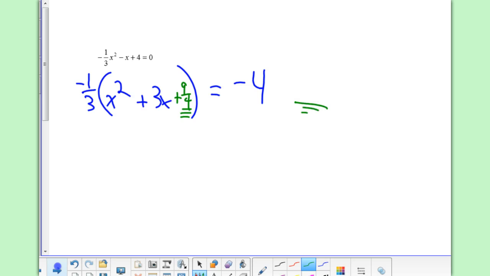What did you do to this side? Well, when you multiply that by a -1/3, we end up with -3/4, so I got a -3/4 on this side.